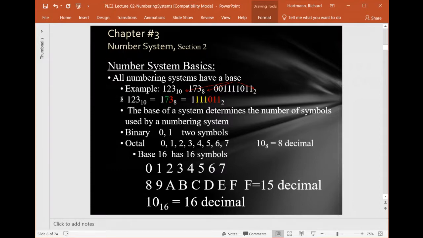So the 111 represents the 7 over here, and then the 1 represents, that's where the 2 zeros are, that's actually why they had those 2 zeros there.